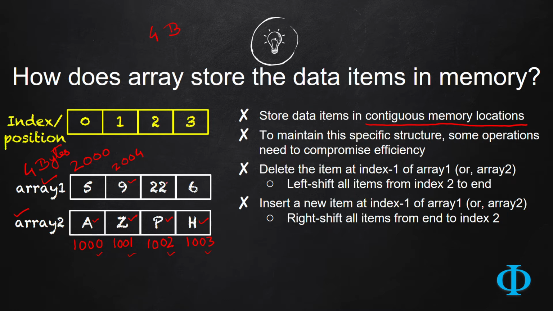The next element, which is 22 at index 2, will occupy the memory location 2008. Similarly, the integer at index 3, which is 6, will occupy the memory location 2012. So this is the meaning of storing the data items in contiguous memory locations.